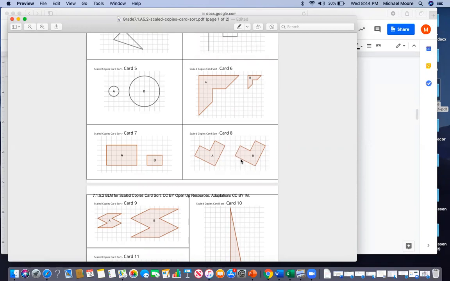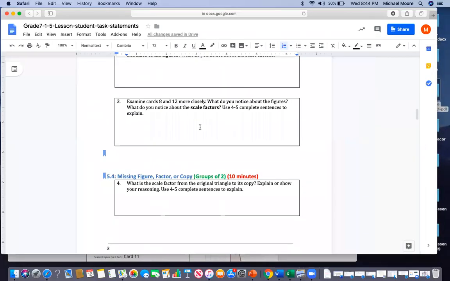We see that they have corresponding lengths. So that's what we're supposed to notice for this, and we would explain that because we counted the corresponding sides, they have the same measurement. When sides have the same measurement, 2 over 2 reduces to 1, so we have a scale factor of 1.